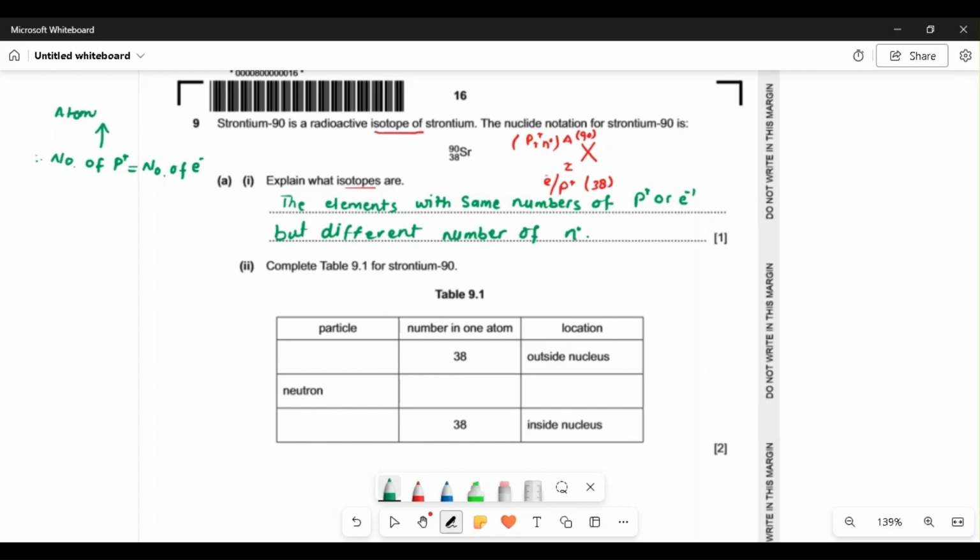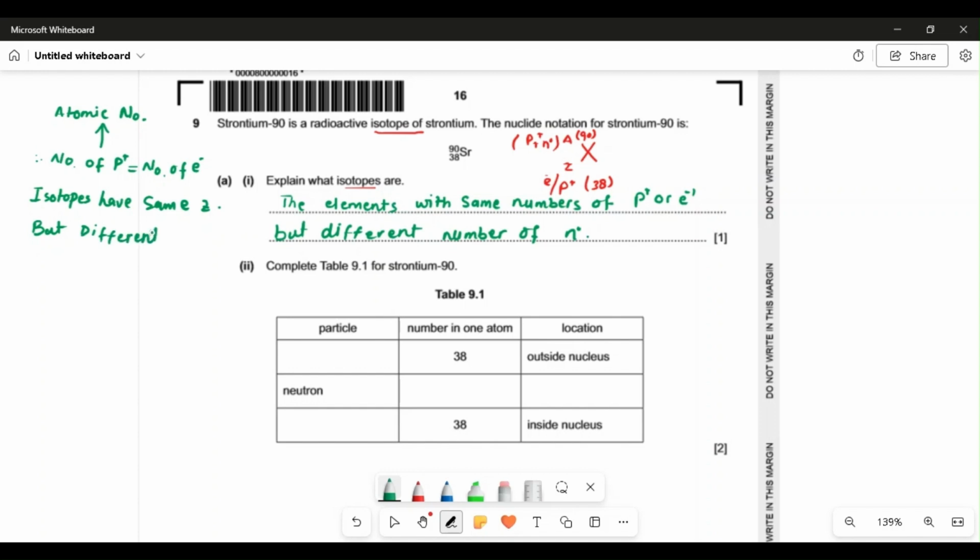So we can also say that isotopes have the same atomic number but different mass number.